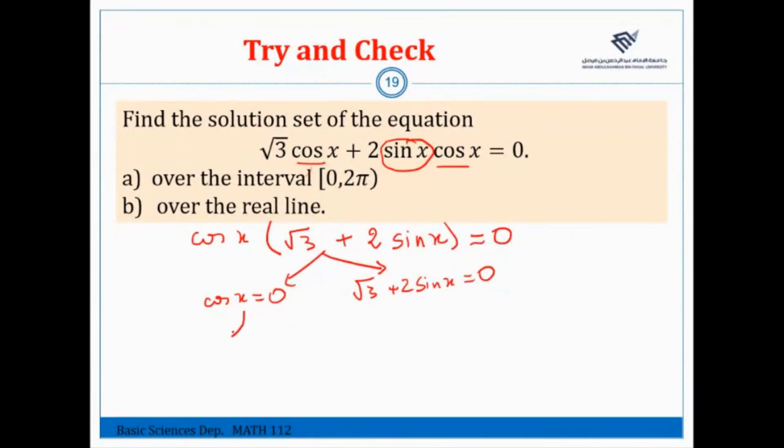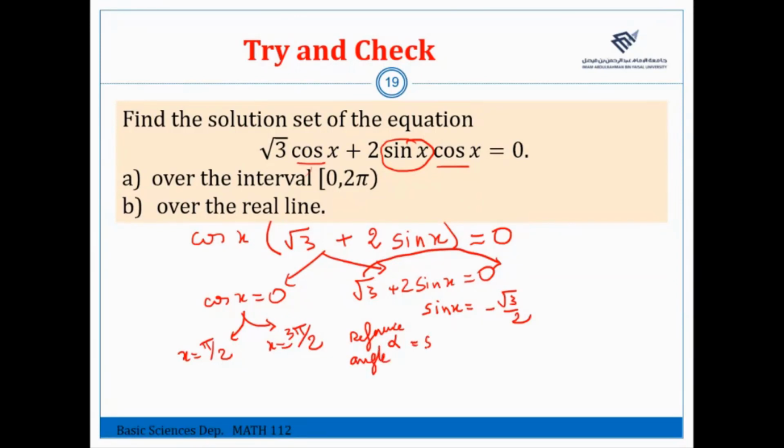Cosine is 0 when x is 90 and 270, that is pi over 2 (90) and 3 pi over 2 (270). Then we isolate sine x. So square root of 3 goes to the other side and becomes minus square root of 3, and we divide by 2: sine x equals minus square root of 3 over 2. Since sine x is isolated, we can now compute alpha, the reference angle.